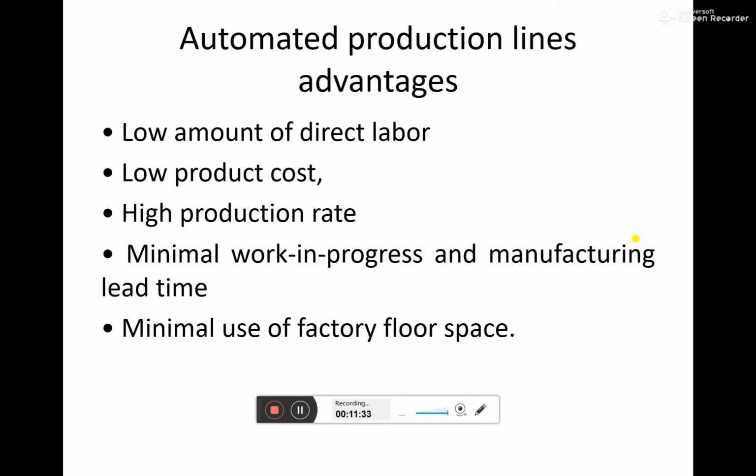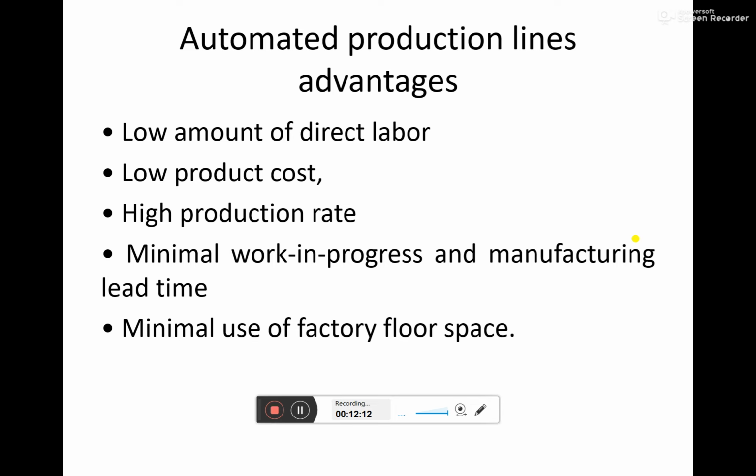We can reduce the labor cost, and we can reduce the product cost also, because if you are using automation, you are decreasing the labor cost and other things, and developing the products very accurately, so you can even eliminate scrap. These are connected to cost. While deciding the cost, raw material wastage also has to be considered. Those things will be very low in these automated production lines. So due to that, you can reduce the product cost also.